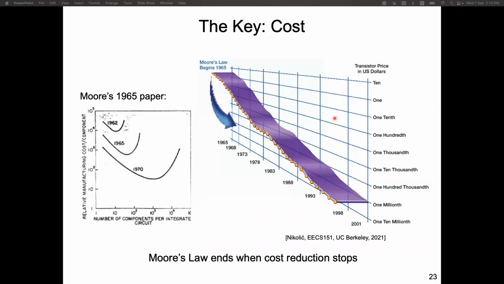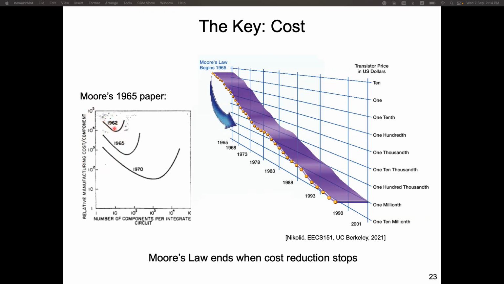But the key benefit from this scaling effect is the reduction of the transistor's cost, or the cost per transistor. Moore's original paper stated that the cost per component, cost per transistor, reduces.